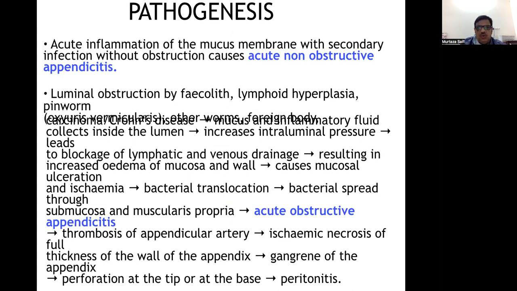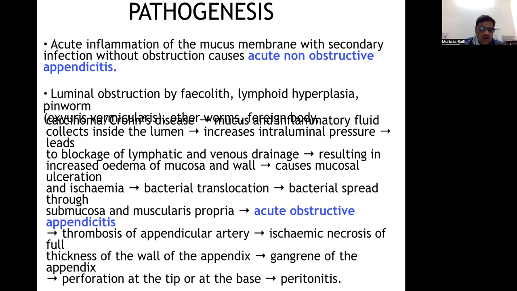Luminal obstruction by fecolith or lymphoid hyperplasia or pinworm causes collection inside the lumen and increased intraluminal pressure, leading to blocked lymphatic and venous drainage, resulting in increased edema of mucosal wall, causing mucosal ulceration and ischemia, bacterial translocation, bacterial spread through submucosa and muscularis propria, and acute obstructive appendicitis.